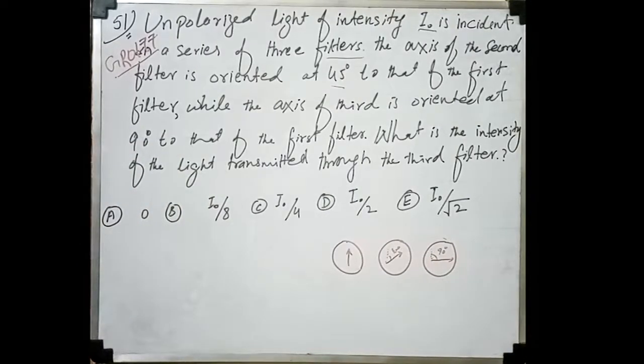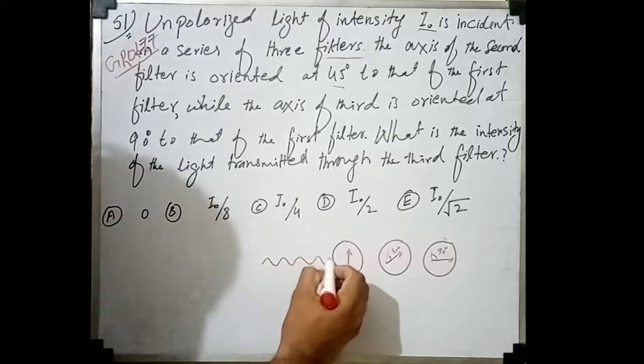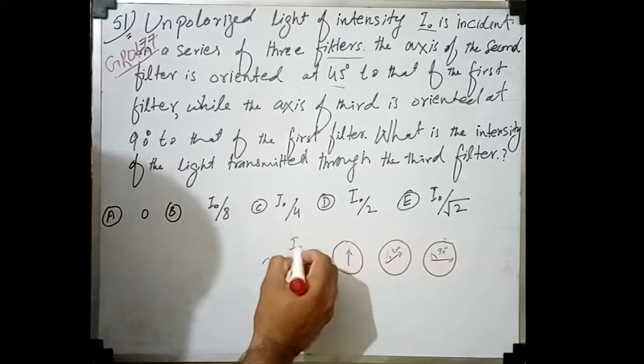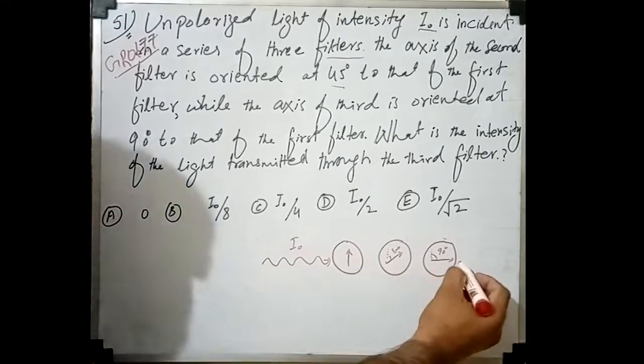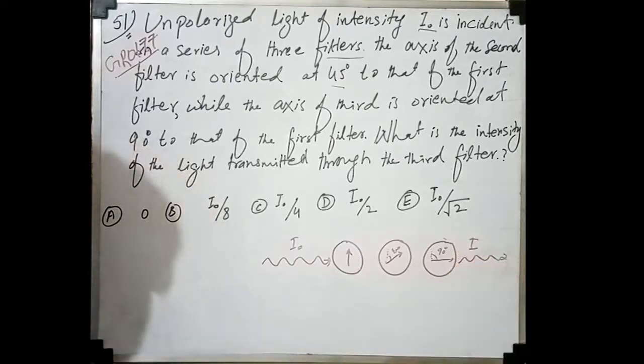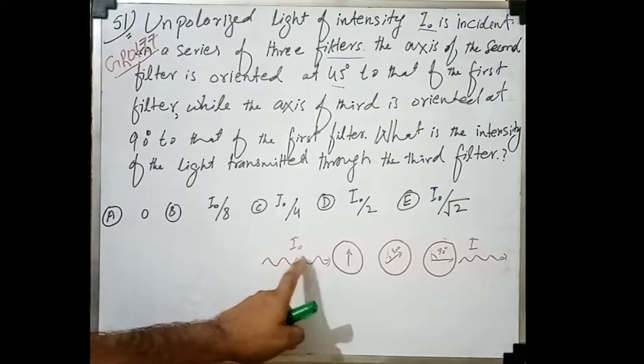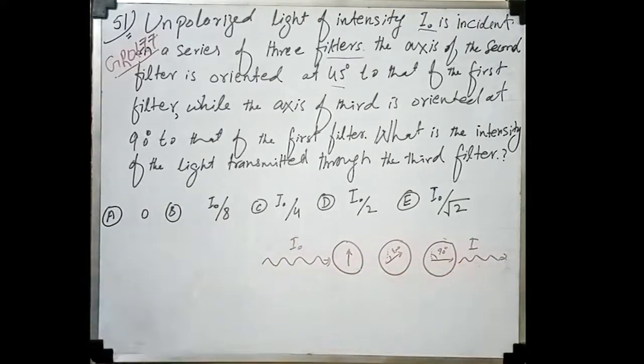Now let a light wave which has intensity I naught pass through these filters. What will be the intensity of that light wave when it passes through these filters? The initial intensity is I naught. Let the final intensity after passage be I. We have to find this intensity.